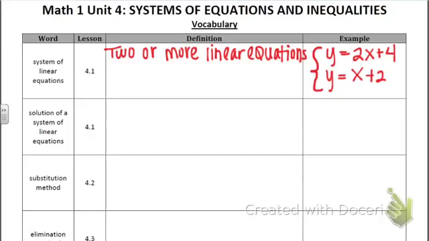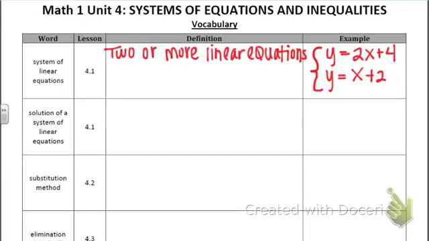So then what's a solution to the system? A solution to a linear equation is an ordered pair, right? We did that very first day of Unit 3. So a solution to an equation is an x comma y, or an ordered pair that lies on the line, any point on the line, yes? And any point that makes the equation true.